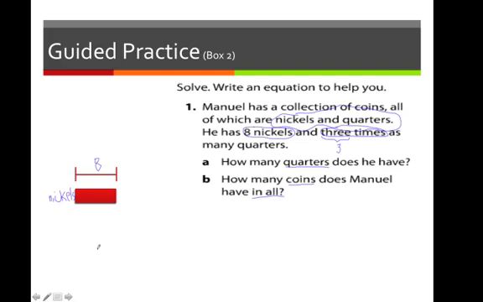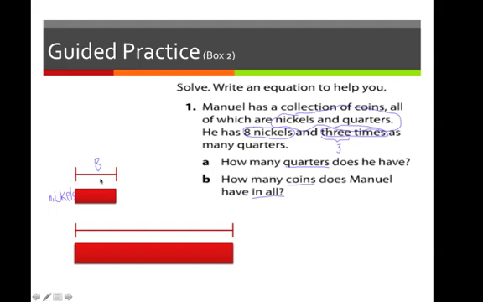Now I have to represent the bar that is 3 times greater than this, which means the bar in the bottom is going to be larger because it's 3 times greater than 8. And that would show me the quarters. Okay, so there's the bar for the quarters. And I'm going to go ahead and I'm going to label that bar quarters.